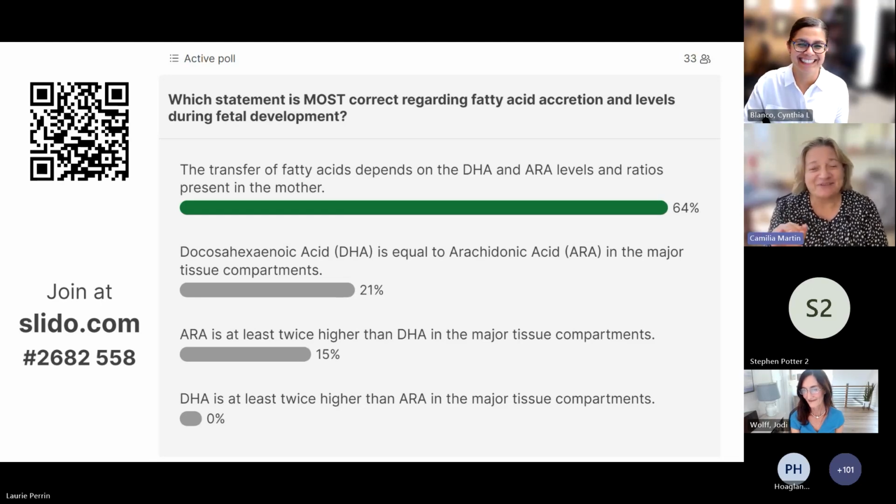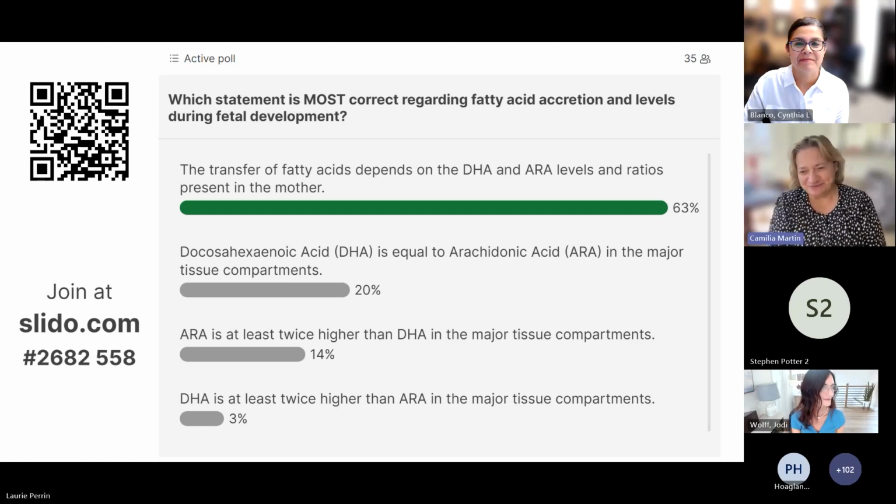Don't let what you see as the dominant answer influence what you think might be right. We're all here to learn. Hey, I want to get to 50. So 15 more people.